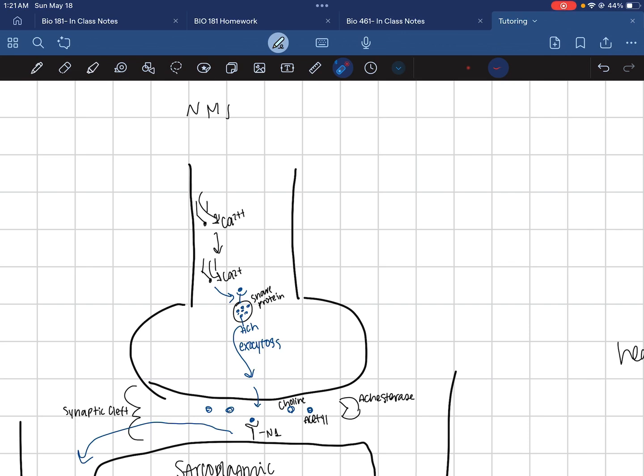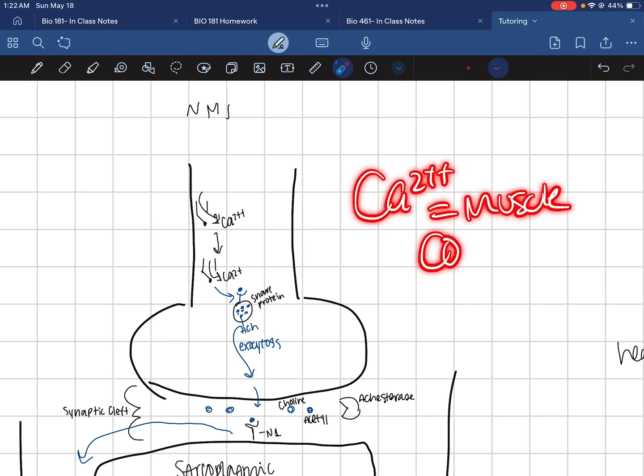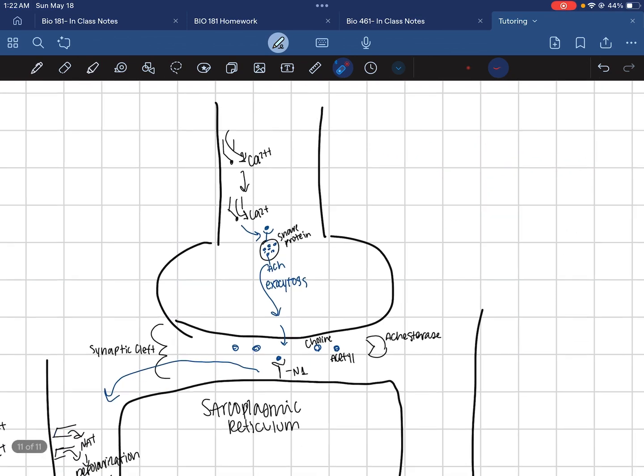Okay. So, the whole point of this is to cause a muscle contraction. Calcium equals muscle contraction. Love.